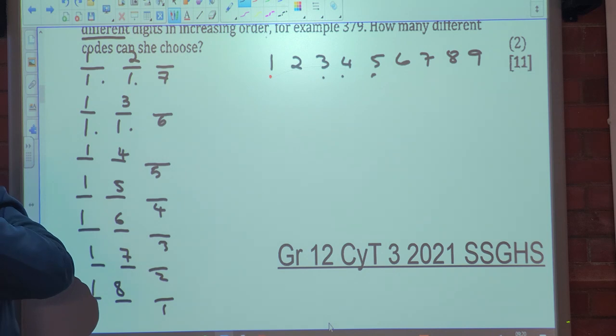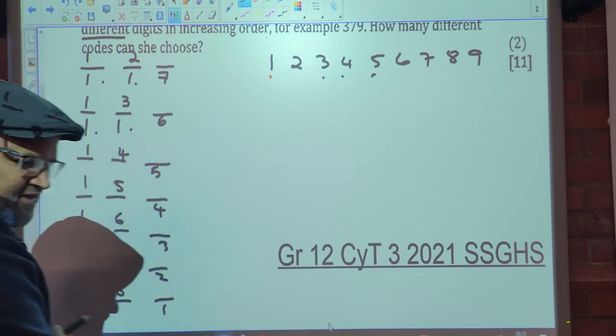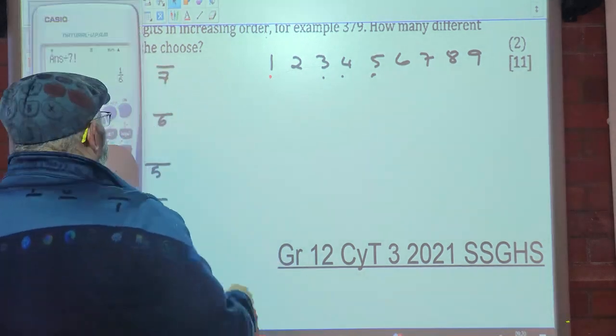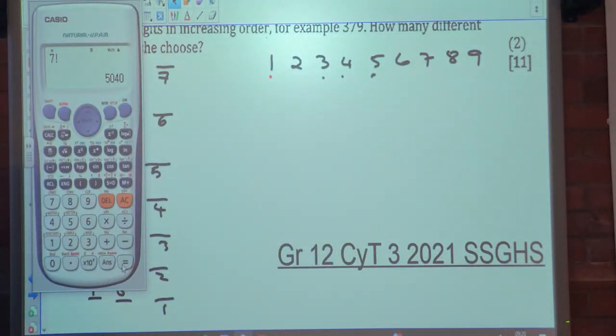So that is going to be 7 plus 6 plus 5 plus 4 plus 3 plus 2 plus 1. That's not 7 factorial, that's too big.